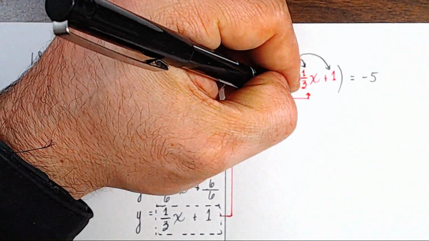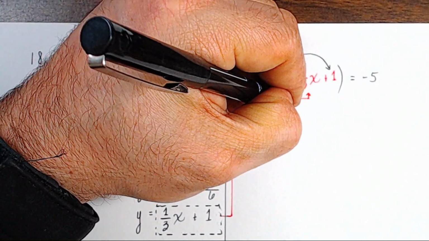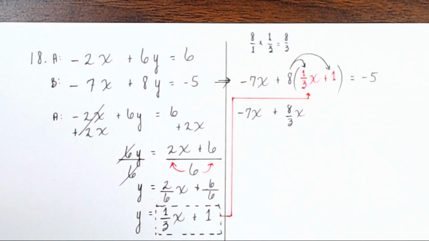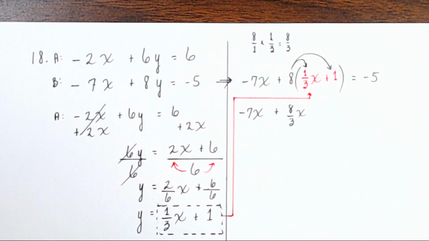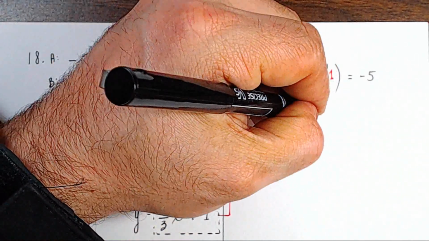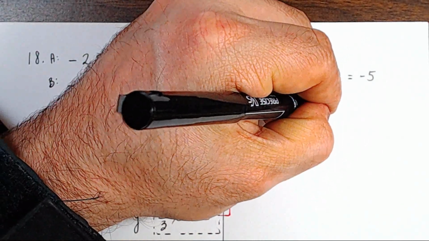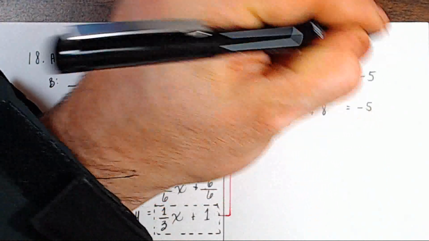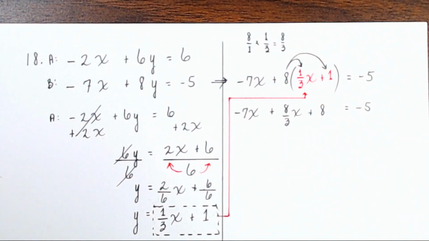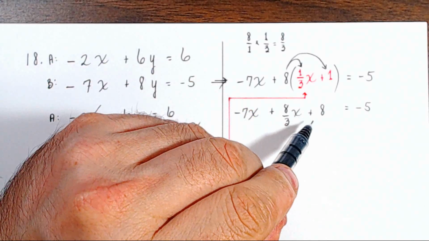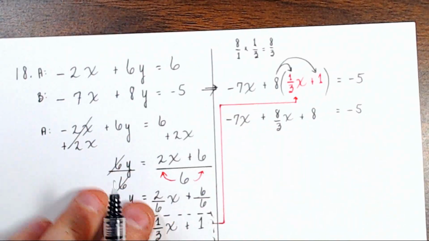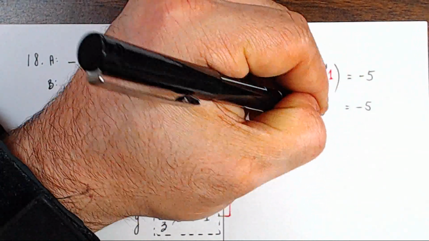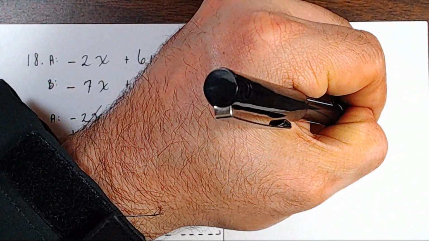So what we'll do is we'll write 8/3 x. Okay, because the x comes along for the ride. Plus 8 equals -5. Now, why don't we get rid of the 8? Put him over here. So we have the x terms all by themselves. So we'll subtract out an 8 on the left and the right.